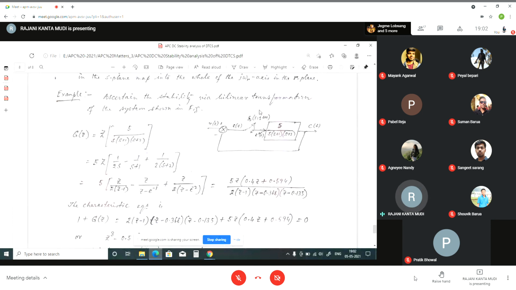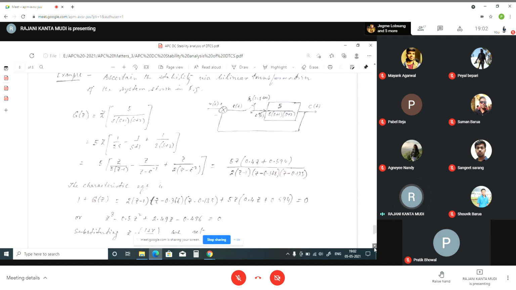So if the value of T is sufficiently large, a system stable in the continuous domain may be unstable in the discrete domain, because time delay introduces additional lag. That means the phase margin will be reduced, and with increasing sampling period T the system remains stable up to a particular threshold value, but beyond that it will be unstable.